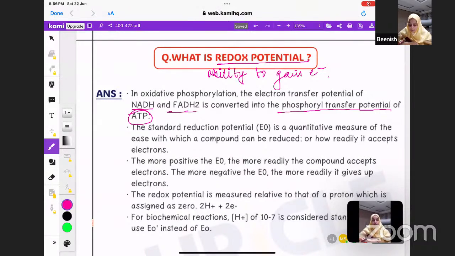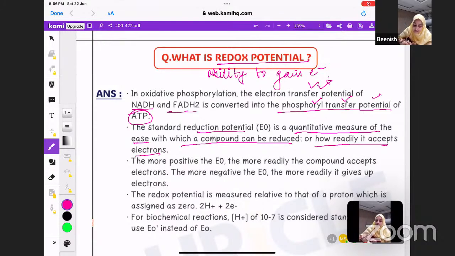The reduced equivalents NADH and FADH2 were coming and transferring their electrons, so their electron transfer potential is converted into phosphoryl transfer potential of ATP. The standard reduction potential is a quantitative measure of the ease with which a compound can be reduced, or how readily it accepts electrons.